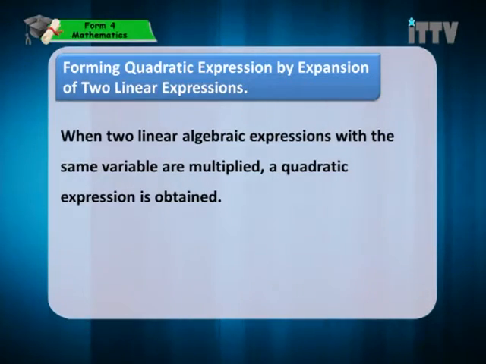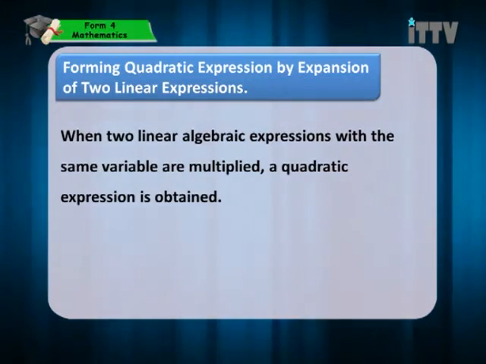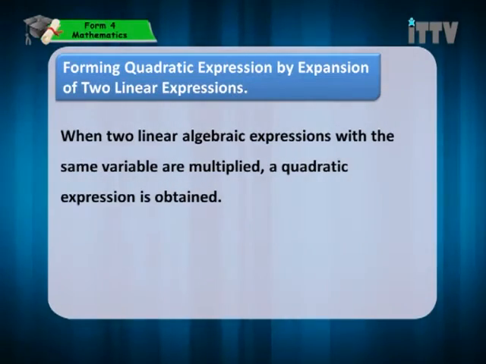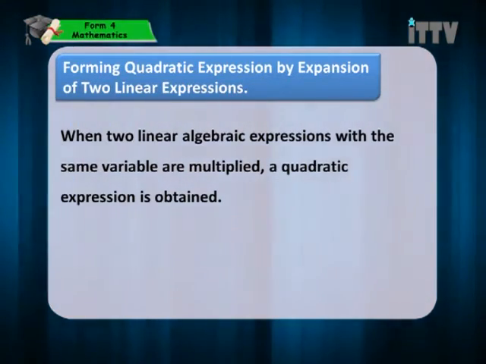When two linear algebraic expressions with the same variable are multiplied, a quadratic expression is obtained. Alright, we have learned a quadratic expression by itself, but where does this quadratic expression come from? Well, it comes from a multiplication of two linear algebraic expressions.